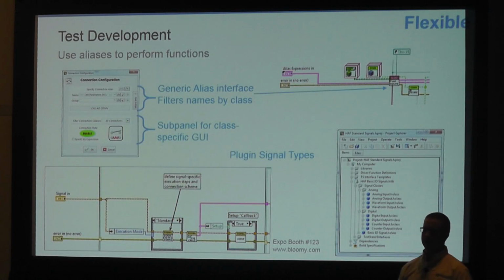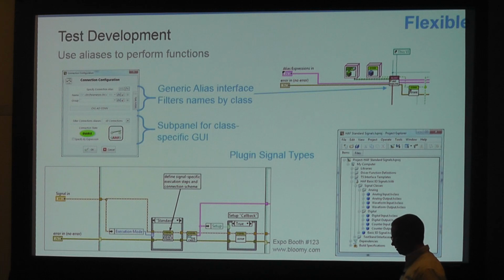So then at the framework level, at the architect level, we break this down even further, and we realize that alias, no matter whether I'm talking to a connection or an analog input or an instrument or a power supply, I'm choosing the aliases in the same way. So I don't want to rewrite that every single time. So at the framework level, this is a generic alias dialog that implements all the functions I want for programmatic alias access and filtering.